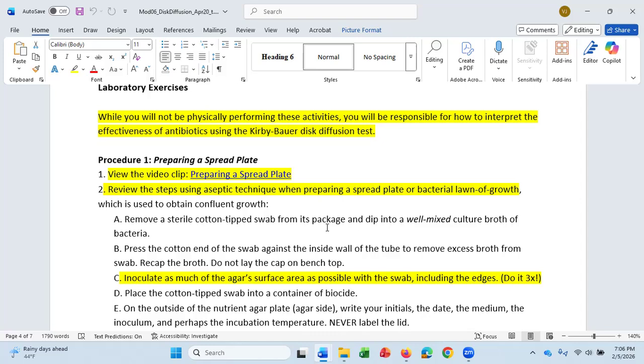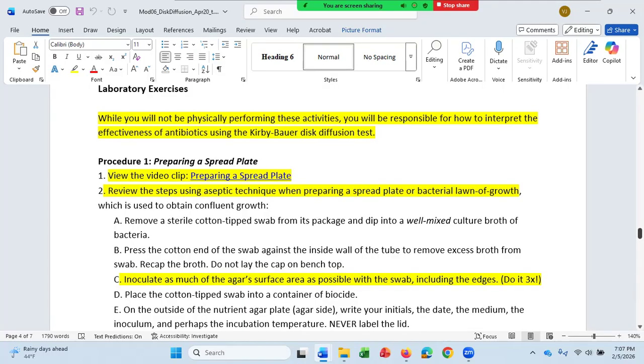You then put the paper disc on the plate. You allow the liquid on the plate to be absorbed into the agar for 5 minutes, but you put the paper disc on between 5 minutes and 15 minutes after you put the bacteria on the plate.